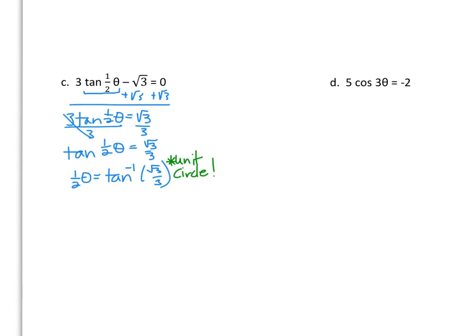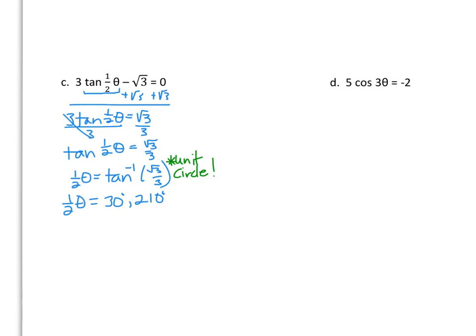On the unit circle, tangent equals square root 3 over 3 in quadrants 1 and 3, close to the x-axis. In quadrant 1, tangent equals square root 3 over 3 at 30 degrees. And in quadrant 3, it's at 210 degrees.